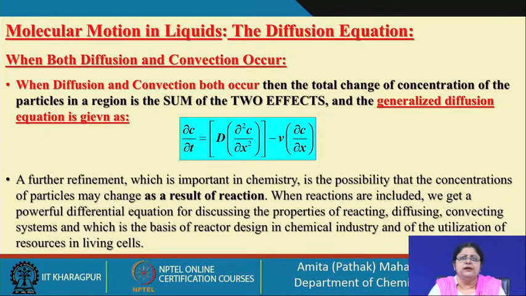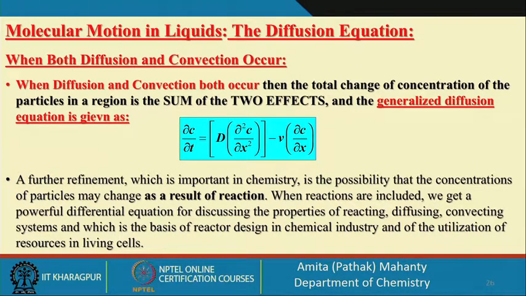Convectional currents can be generated if you have a temperature difference in the system. So, the change in concentration with time will be the contribution of the two effects which you have.